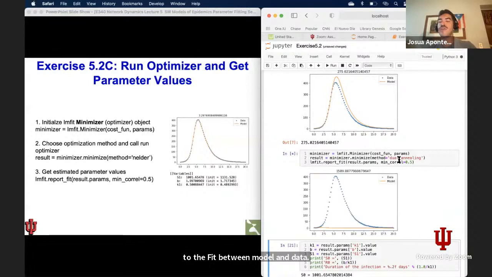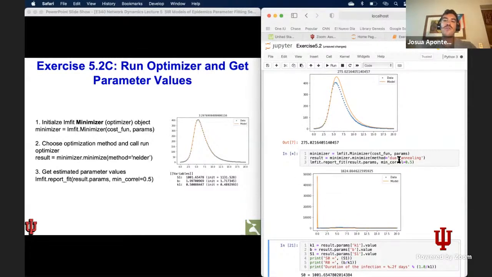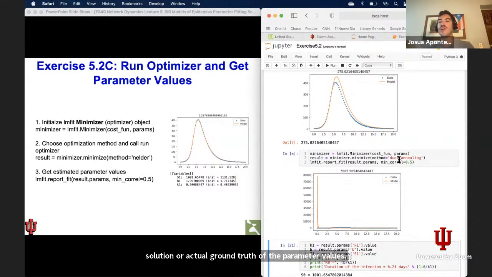They are more computationally expensive because the assumption here is that we didn't know that we were close enough to the actual ground truth of the parameter values, so we have to ask the optimizer to look at the parameter space more thoroughly.